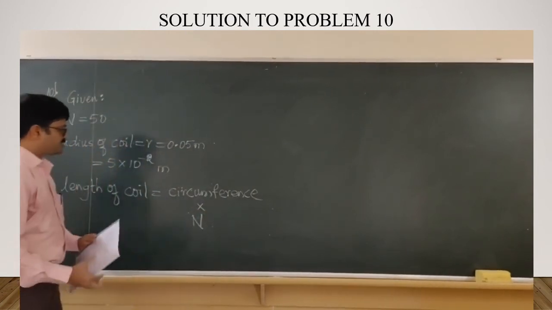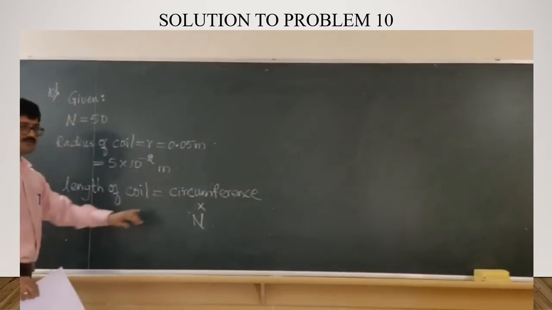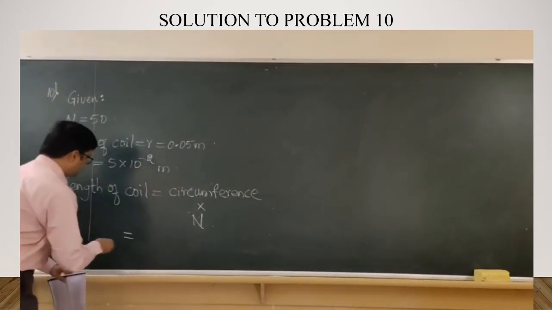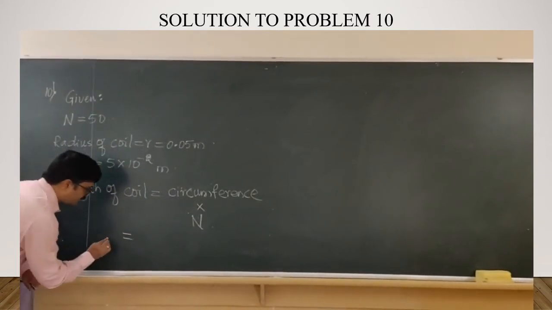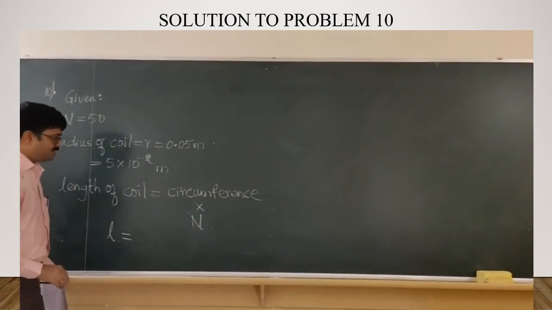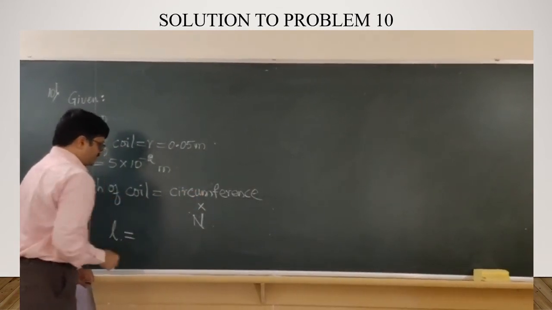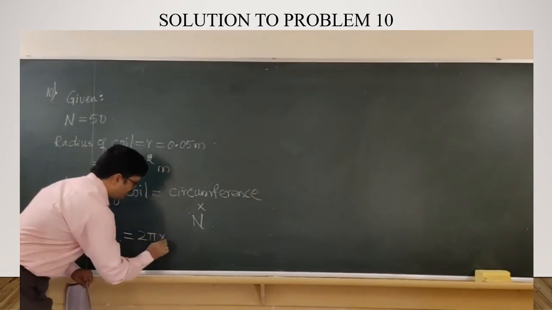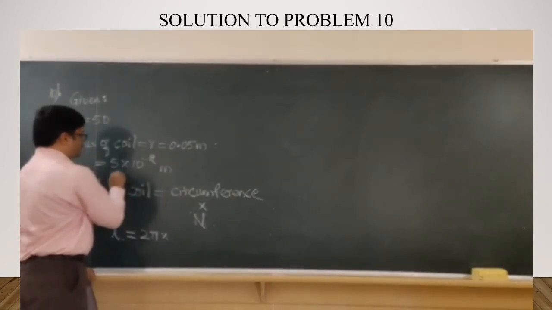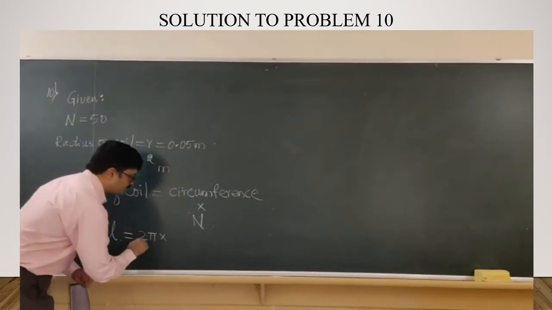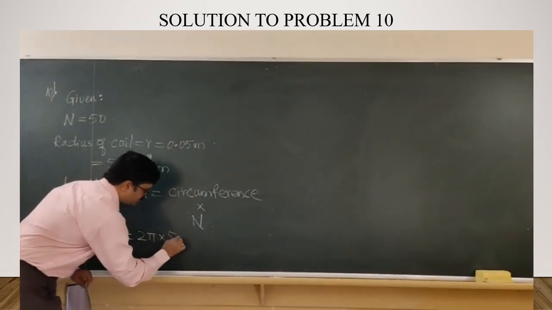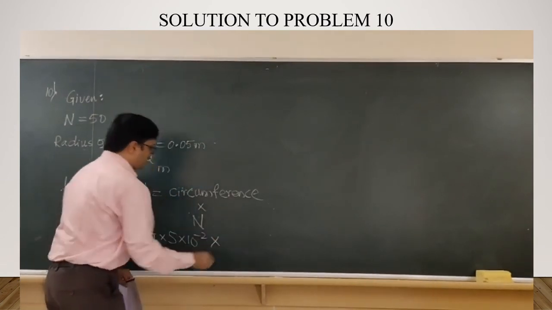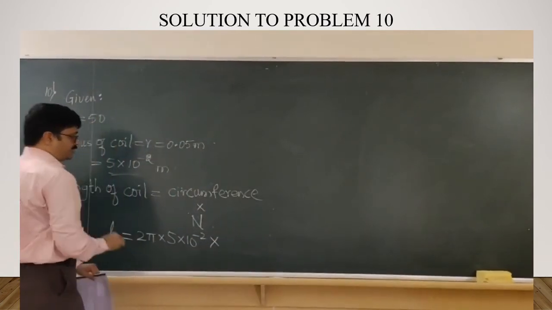Number of turns is given to us as 50 here. I'll take the length of the coil as small l. So small l is equal to circumference, which is 2 pi into radius. Radius is 5 into 10 raised to minus 2. 2 pi into 5 into 10 raised to minus 2 into number of turns, 50.